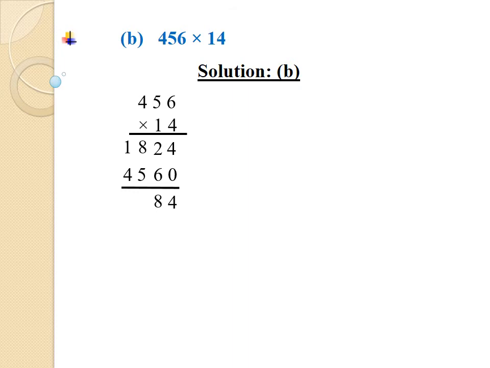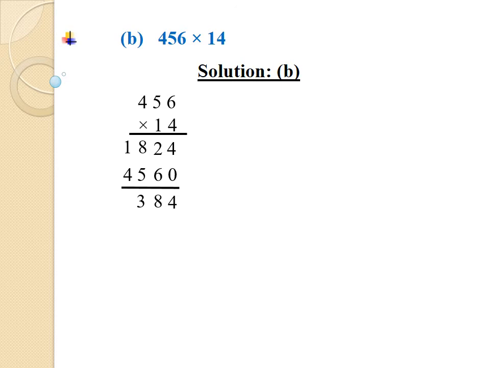Students, as 13 is a 2-digit number, so we have to write 3 in hundreds place, and we have to carry over 1 to thousands place. Thus, writing only 3 in hundreds place and carry over 1 to thousands place.